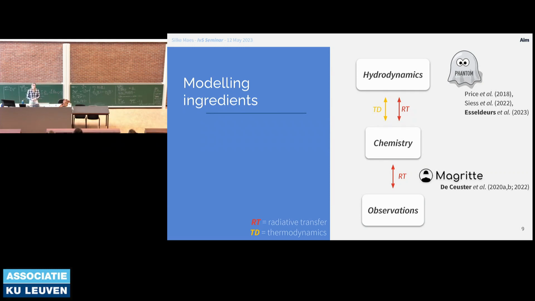On the other hand, for the radiative transfer modeling itself, we often use the Magritte code, which Frederik built during his PhD here. From that, we can already compare roughly to observations. But the thing that I'm now working on mostly is the chemistry part, because that's still mainly lacking.